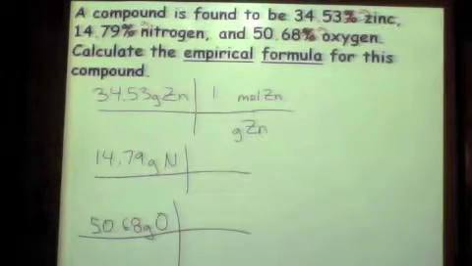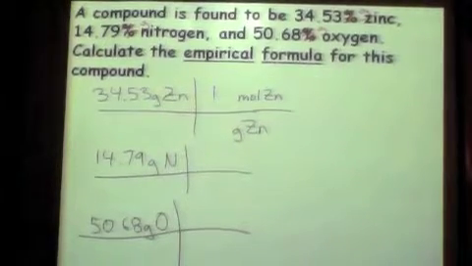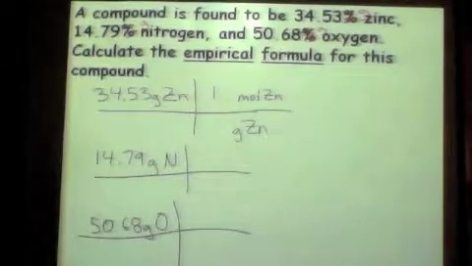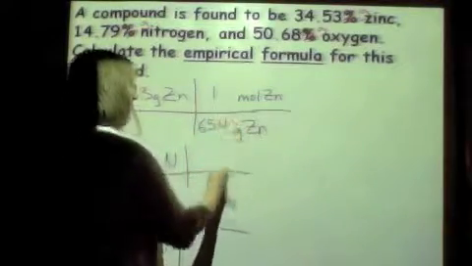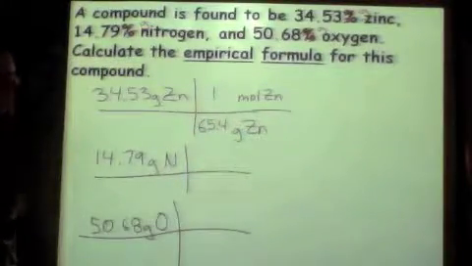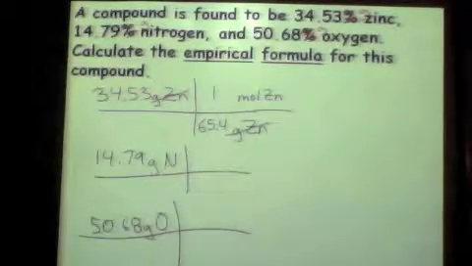So look on the periodic table, find zinc, and you should see that it is 65.4 grams of zinc. Grams of zinc cancels. Multiply the top, divide by the bottom.